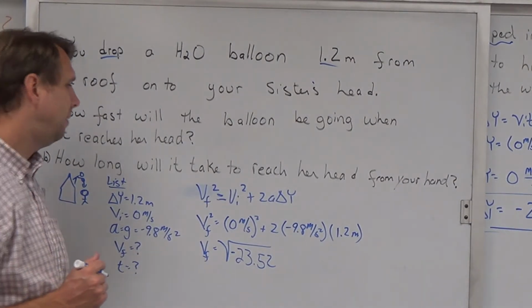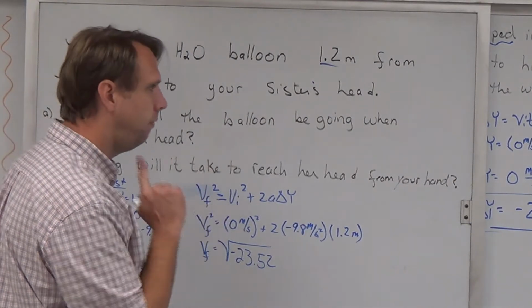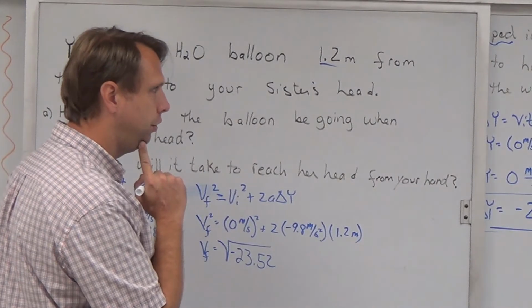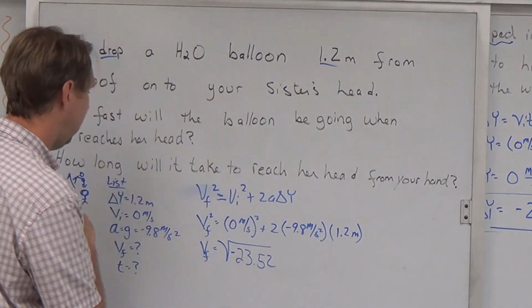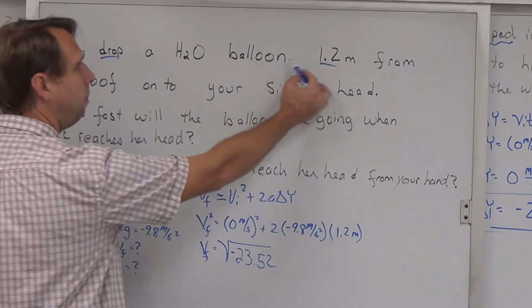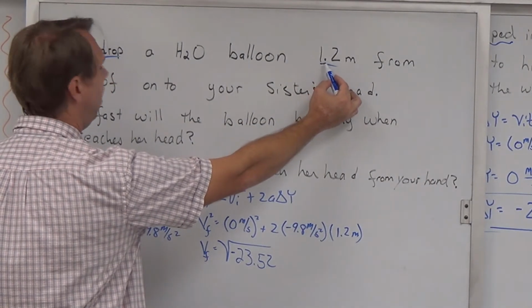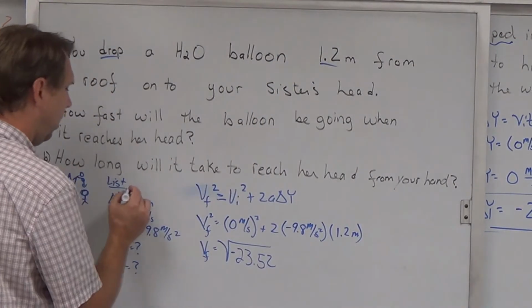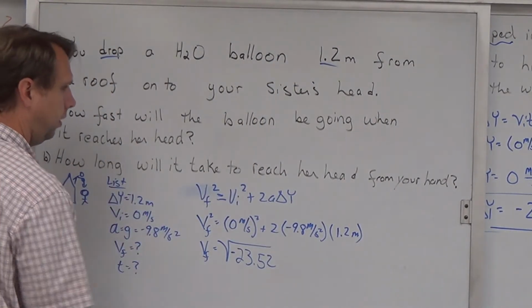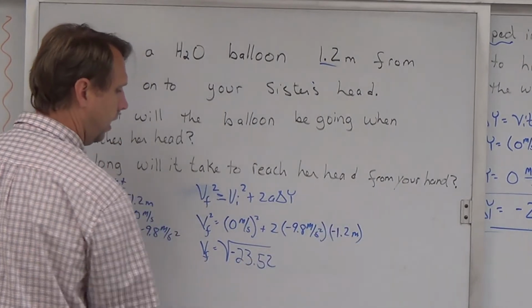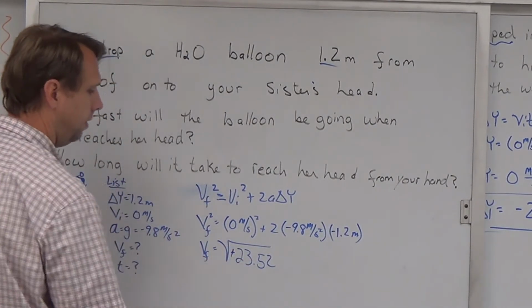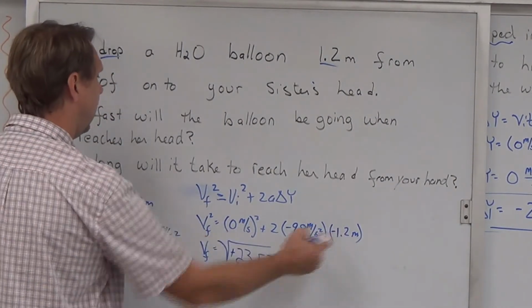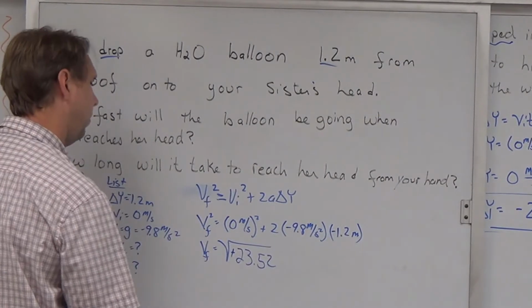No. Well, that's a bummer. Guess what's happening here? You made a mistake. If the balloon goes down 1.2 meters toward the sister, then that displacement should be negative, and that's going to make this number positive. It's okay. I forgot the negative there.